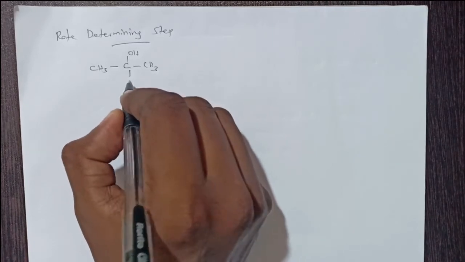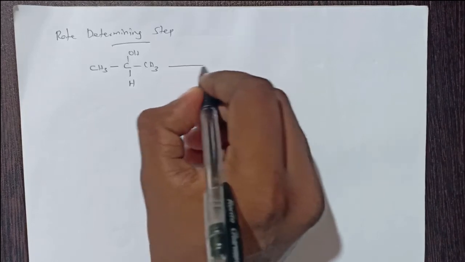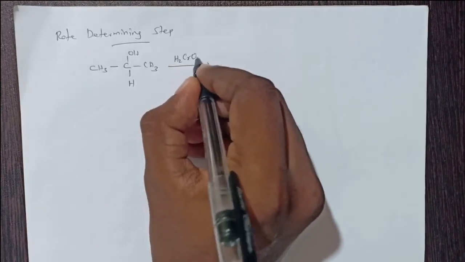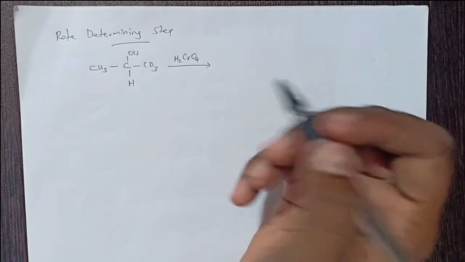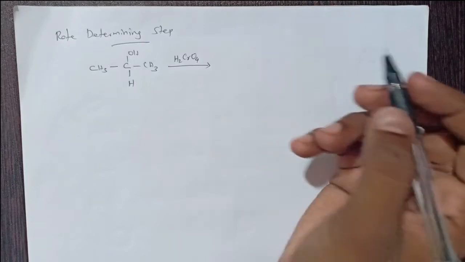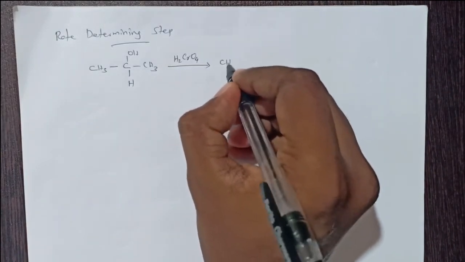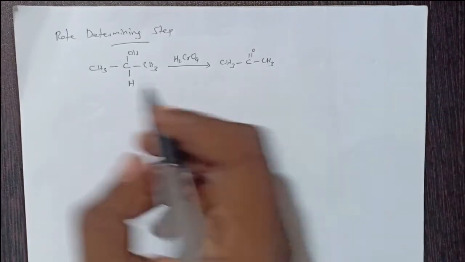Okay, this is propan-2-ol, which undergoes chromic acid oxidation, that is H2CrO4, and gives the corresponding product, CH3-C=O-CH3.